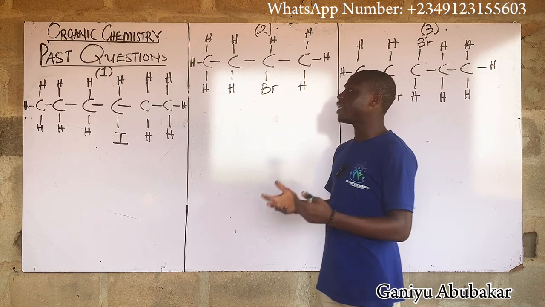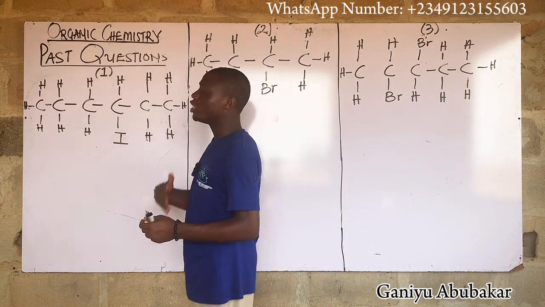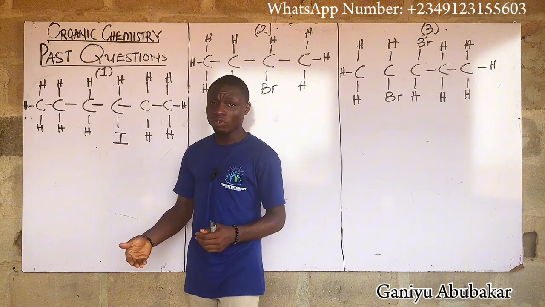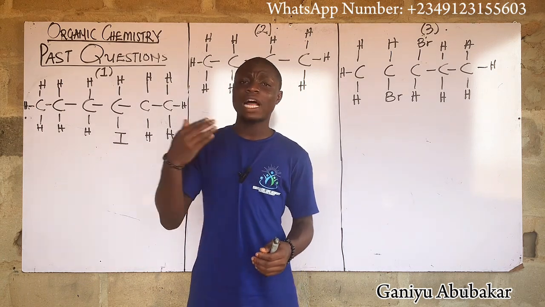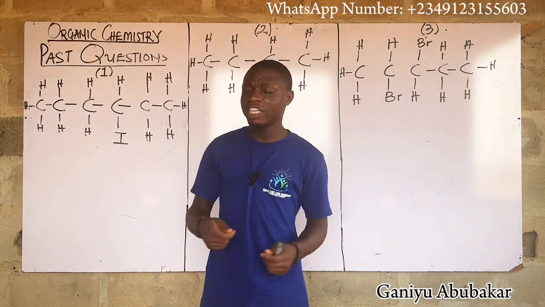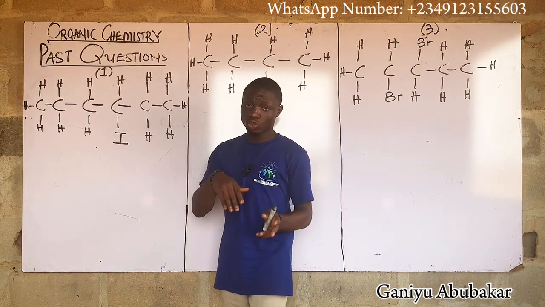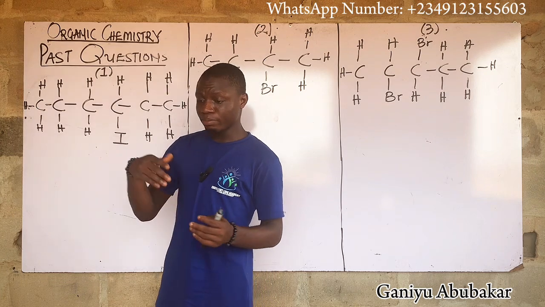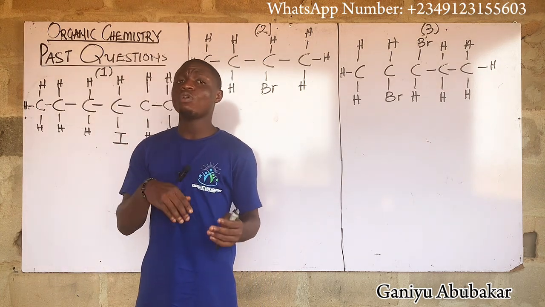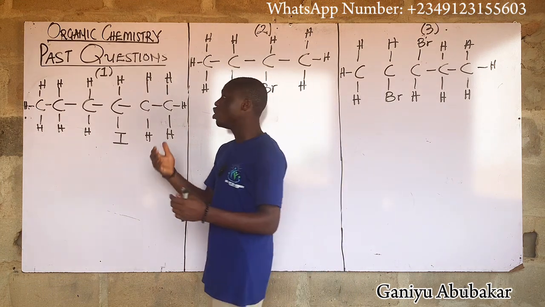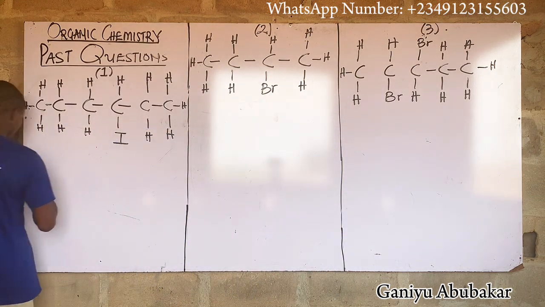We said your first task is to what? Select the longest continuous carbon chain as the root hydrocarbon, count the number of carbon atoms and give it this pattern of naming. If it's one carbon atom, call it meth, 2 eth, 3 prop, 4 but, 5 pent, and so on. So rule 1 says longest continuous carbon chain.